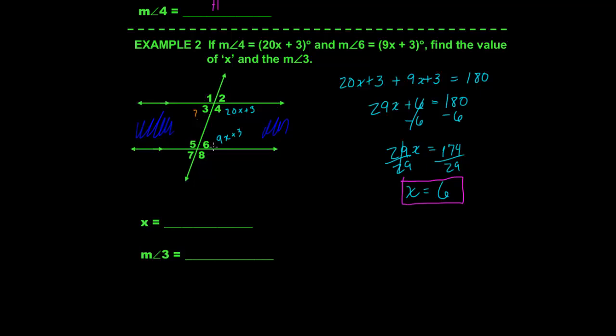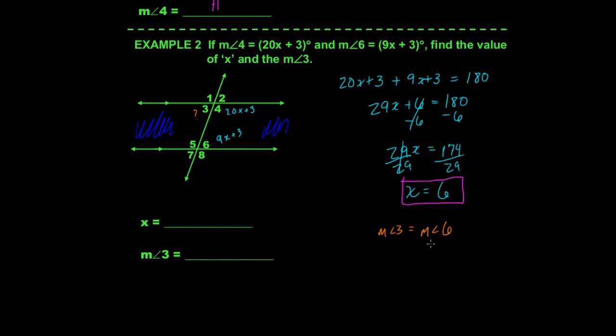3 and 6, they're alternate interior. Anything that's alternate, they're going to be congruent. So we know the measure of angle 3 will equal the measure of angle 6. Angle 6 measure, let's solve for it, and that way we'll have the measure of angle 3.